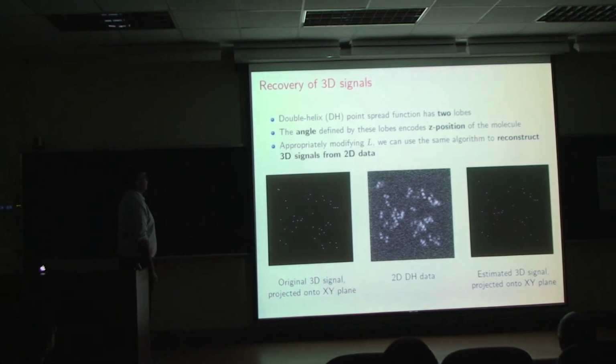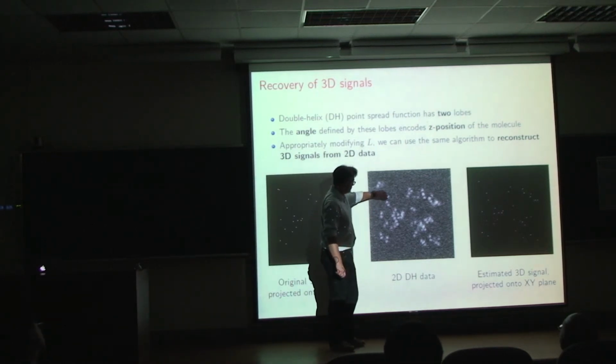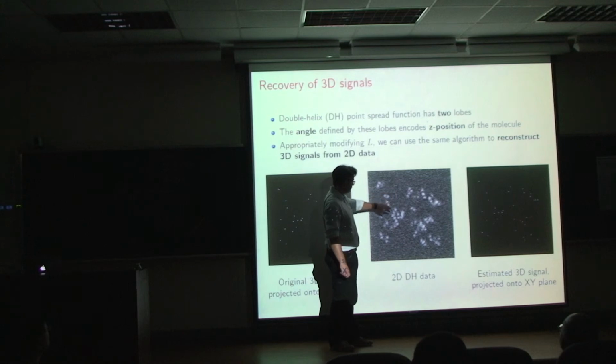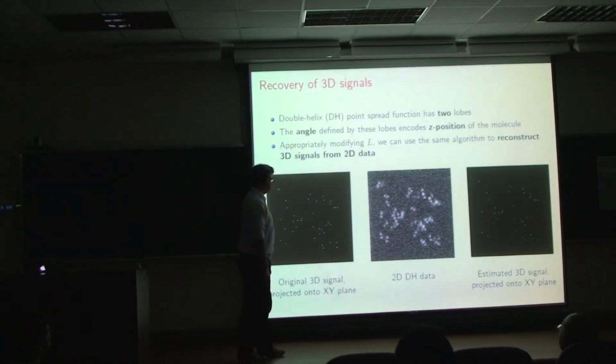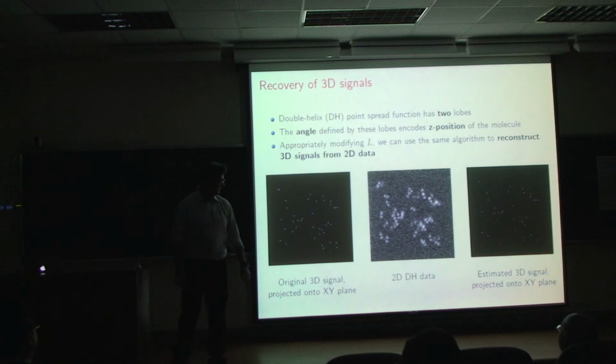Okay. All right. And so that's what Merner's microscope collects. It collects a lot of molecules which are blurred, which have a point spread function whose orientation depends on z. They all collapse onto each other. And what we would like to know is we would like to recover the locations of these molecules in x, y, z space with as much accuracy as possible.